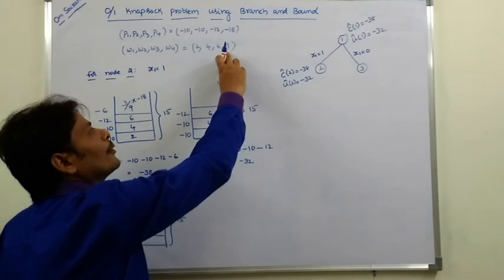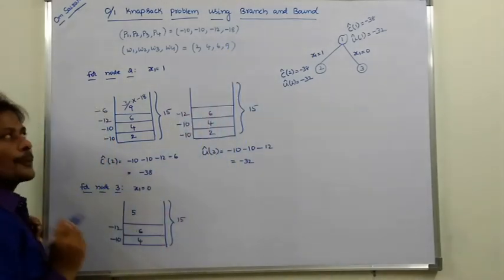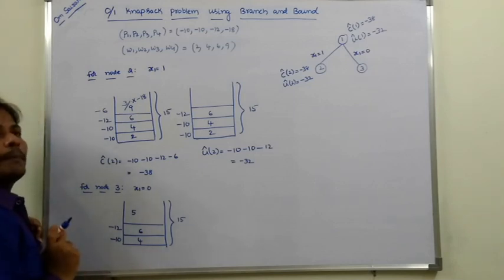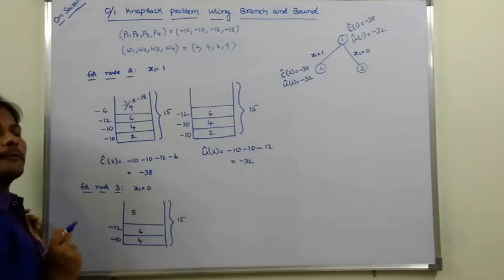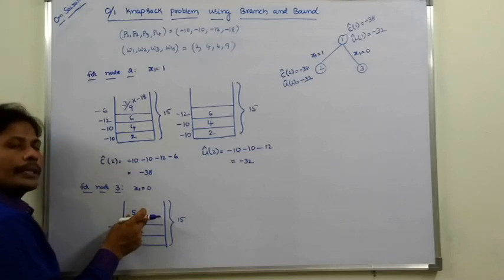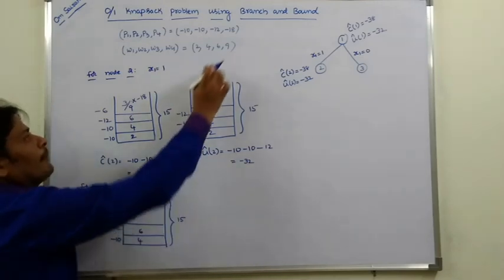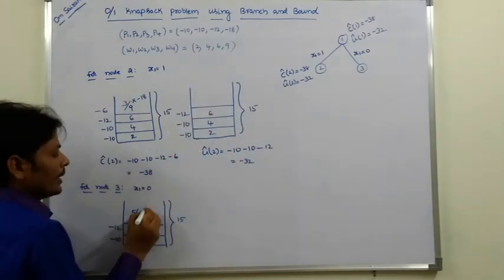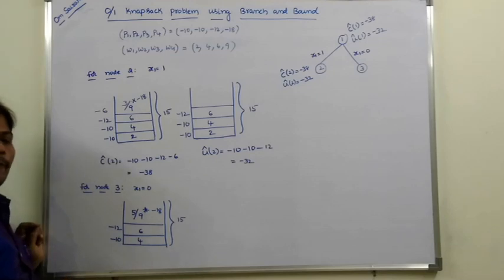But the weight of the fourth object is 9, and the remaining capacity is 5. So the fourth object is not completely placed into the knapsack. Now we have to calculate the fraction of the fourth object. The fraction is calculated by the remaining capacity divided by the weight of the object, multiplied with its corresponding profit.